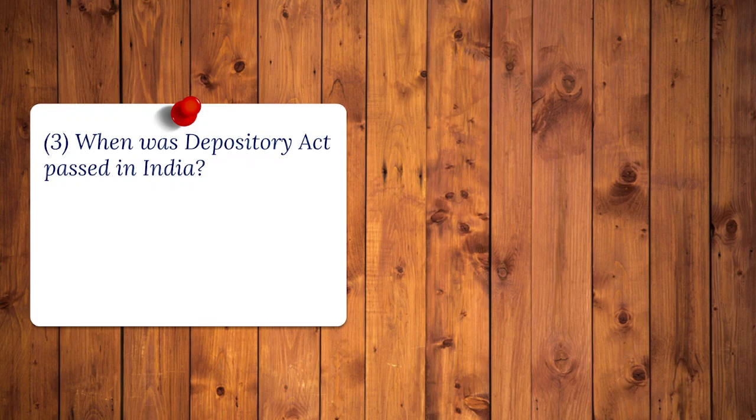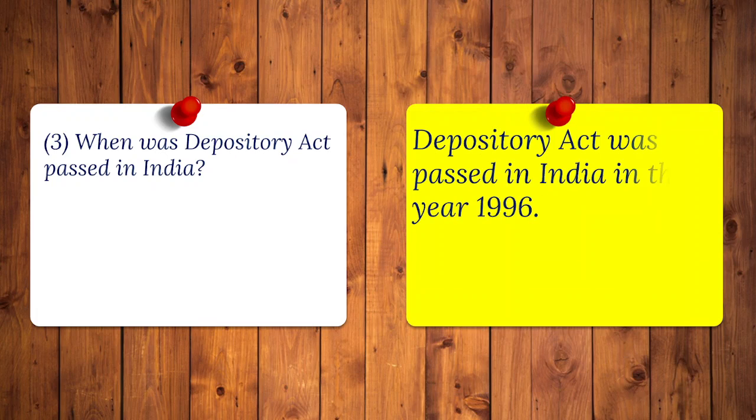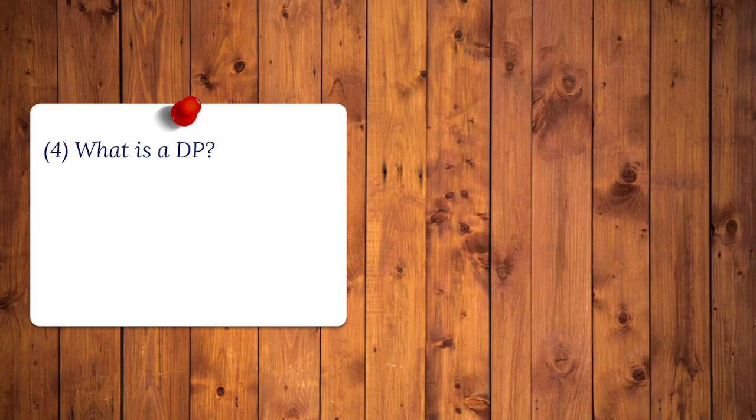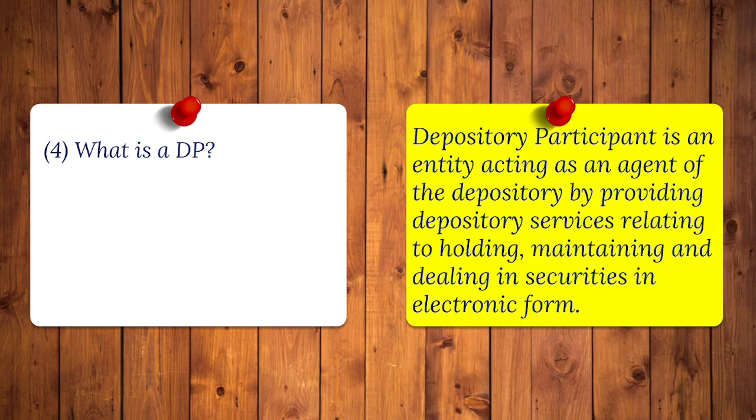3. When was Depository Act passed in India? Answer. Depository Act was passed in India in the year 1996. 4. What is a DP? Answer.